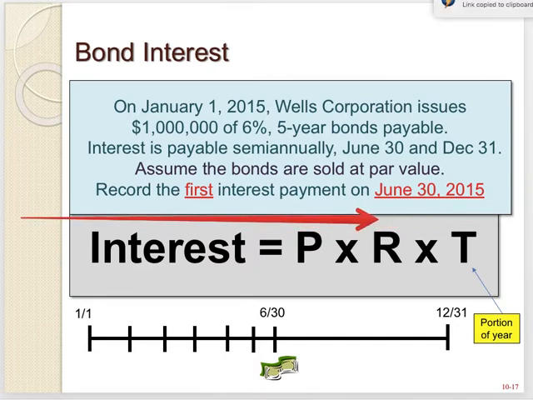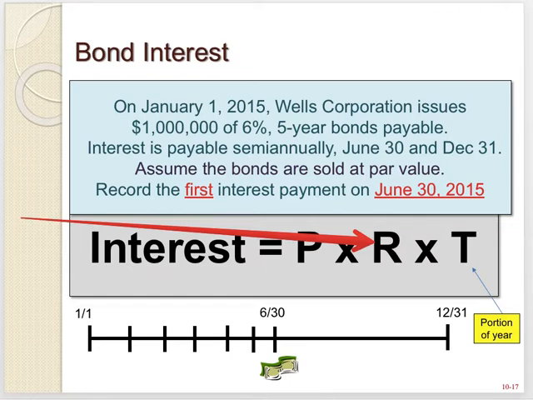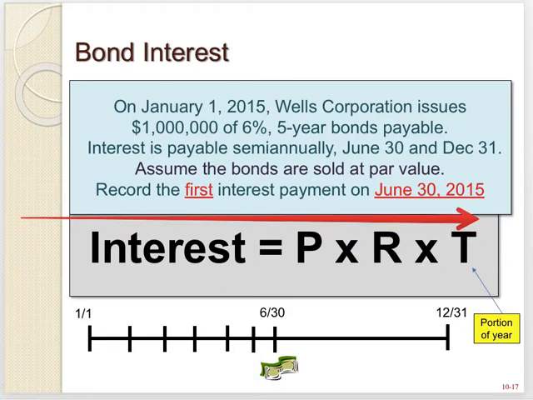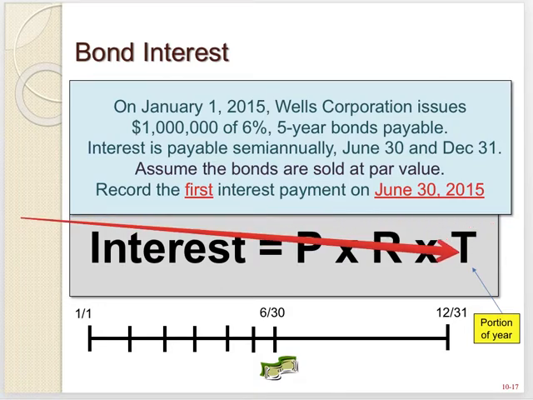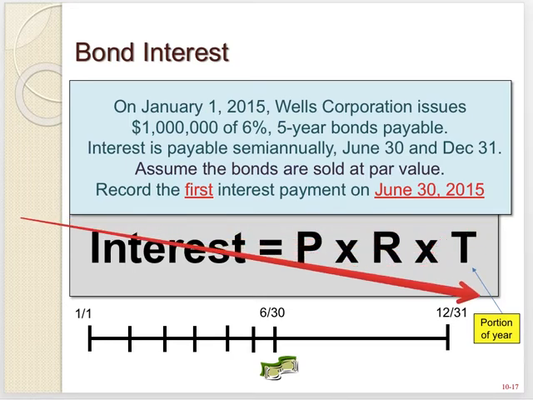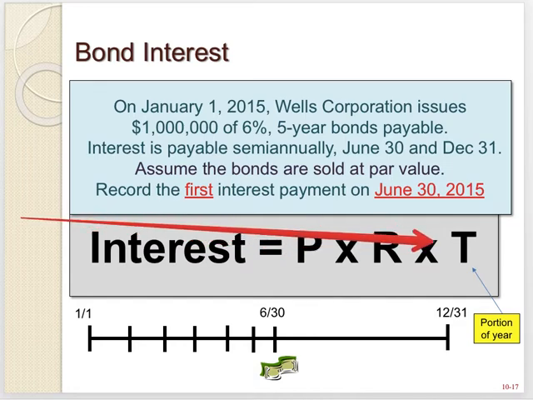And then because the interest rate is always stated on an annual basis, we have to convert that annual interest rate sometimes to a different amount if we're not talking about an annual period of time. So time really means the portion of a year. How do we convert this annual rate to whatever portion of a year we're looking at?